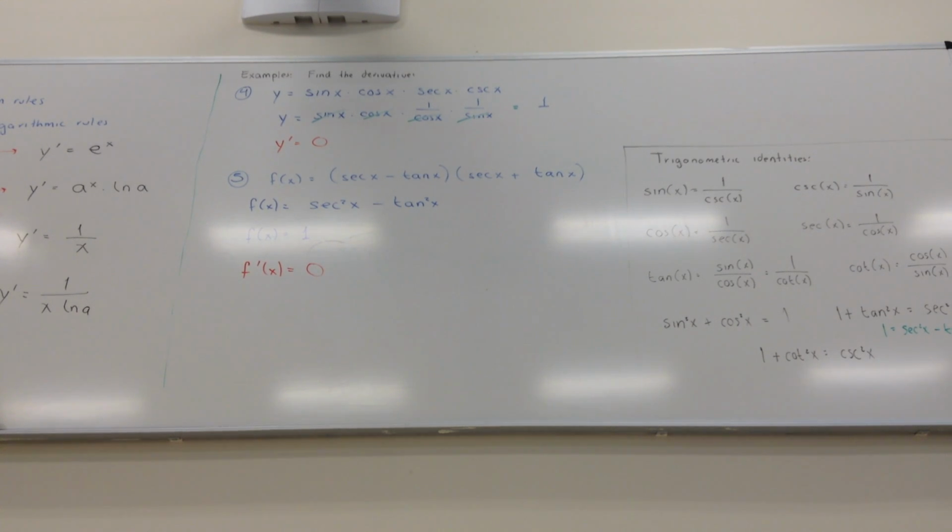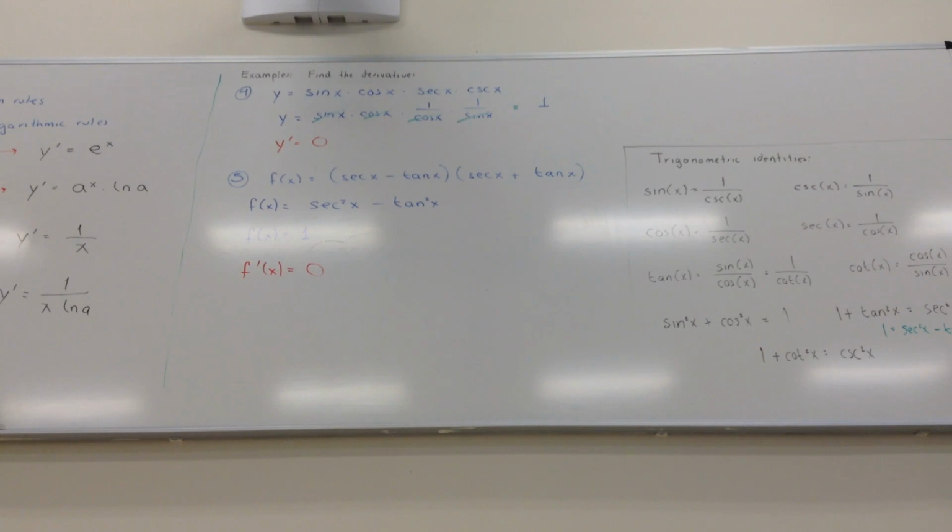Good. The next 4 rules, the rules for exponential and logarithmic functions. The first one, if you have y equal to e to the x, the natural exponential function, the derivative is the same, e to the x. That's the easiest one. But if the function, number 12, is a to the x, could be any number except 1 or e, then the derivative is a to the x times ln of a.